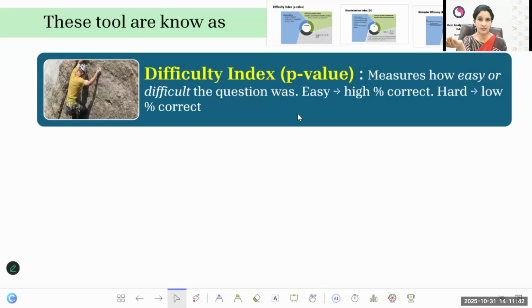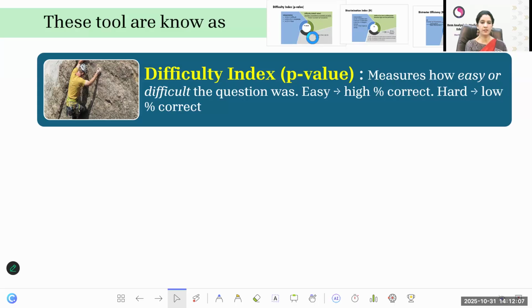You can connect this to the verbatim that the paper was easy or the paper was difficult. So it measures basically how easy or difficult the question was. If the percentage is high, we say that the question was easy, and if the question was hard, then the difficulty index is low.